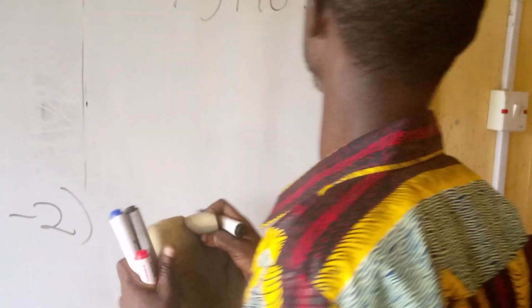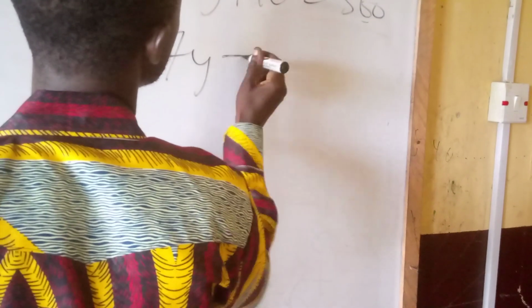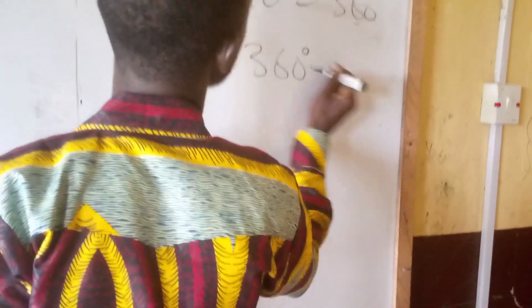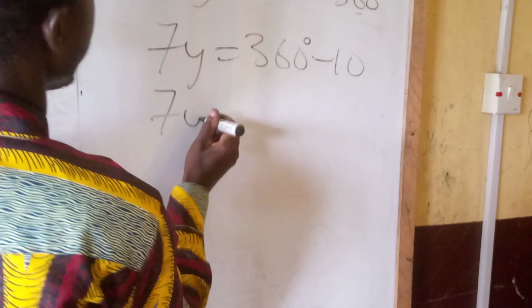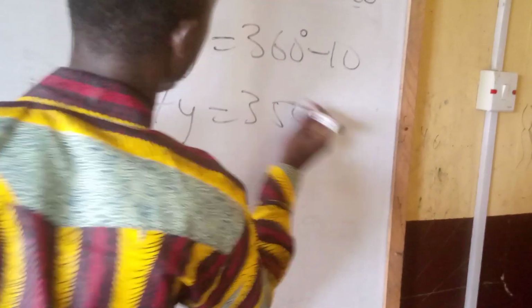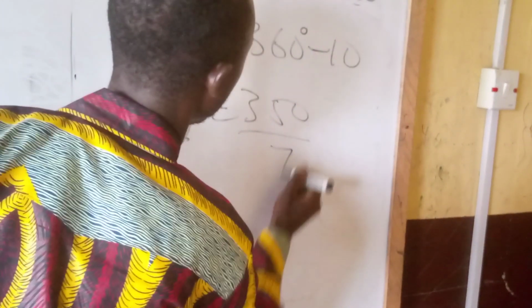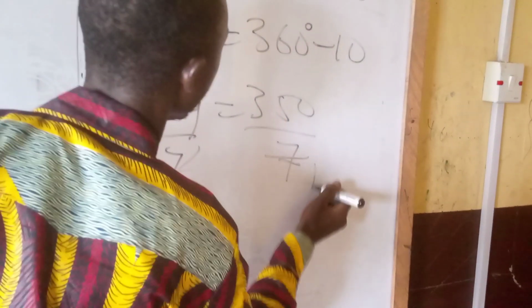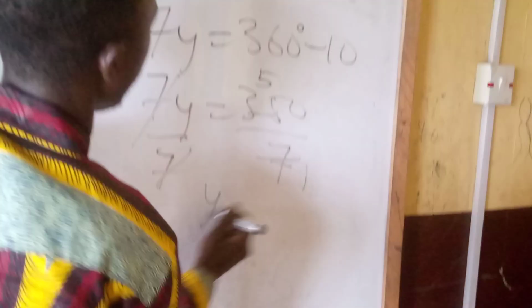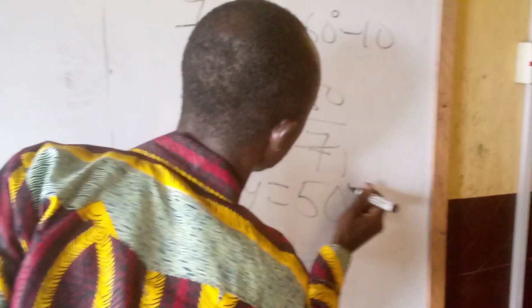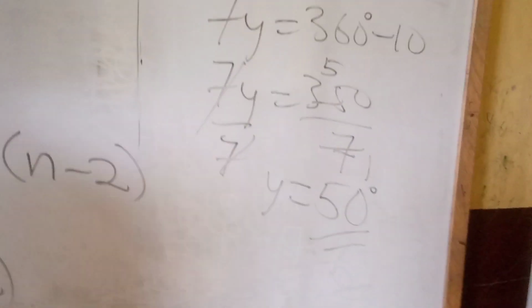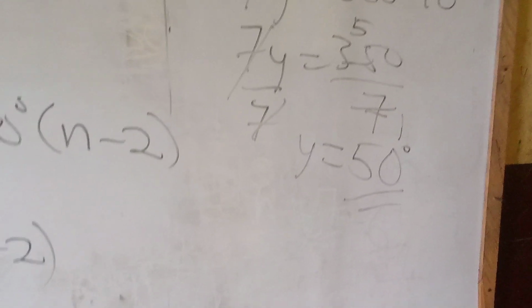You group like terms: 360 minus 10, we are getting 350. So 7 goes into 35, 5. We have 50 degrees. Our answer is 50 degrees.